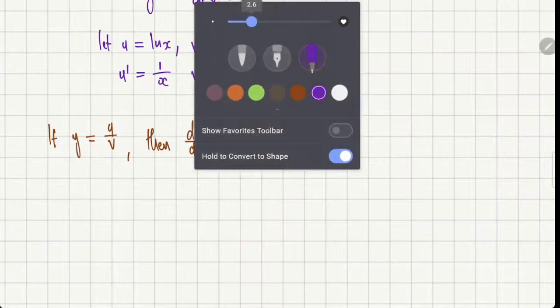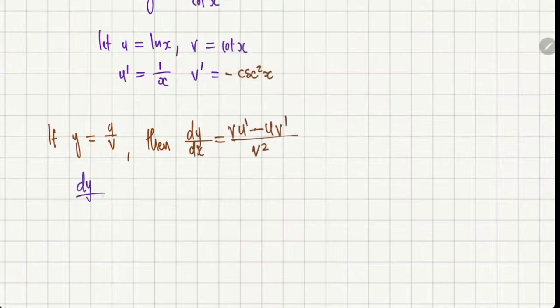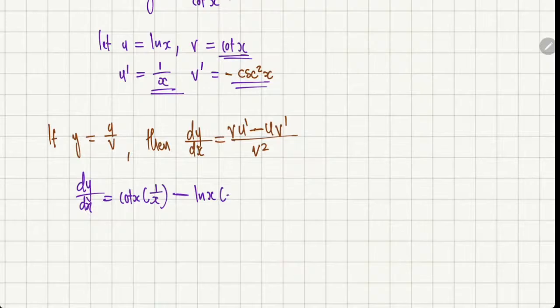So you can now say that dy dx is going to be equal to, what is low? Here, cot x, multiplying d high, the derivative of the top, 1 over x, minus u, ln x, multiplying the derivative of the bottom, negative cosec squared x, divided by, square the bottom.